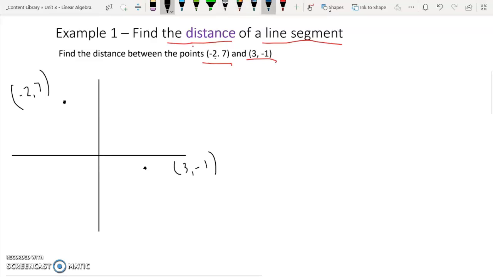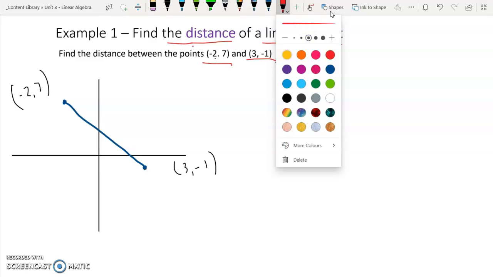Now the line segment is from this point here straight through to this guy here. A line segment is one that has 2 endpoints. Now to find the distance, we need to use Pythagoras' theorem.